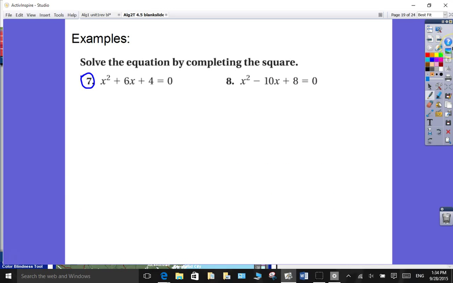So I'm going to do one and you can do the other. So if I follow the steps that we saw on the last slide, what's the first thing that I do on this number 7?